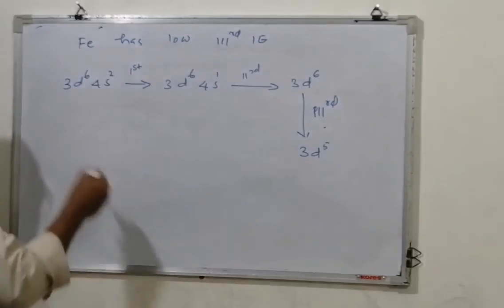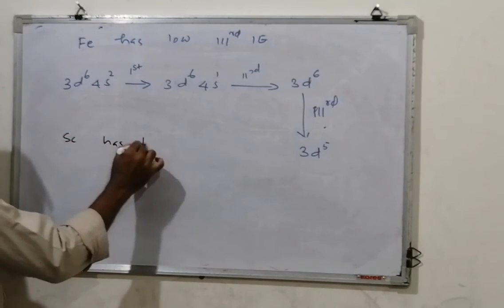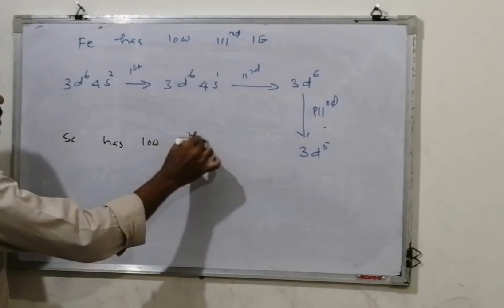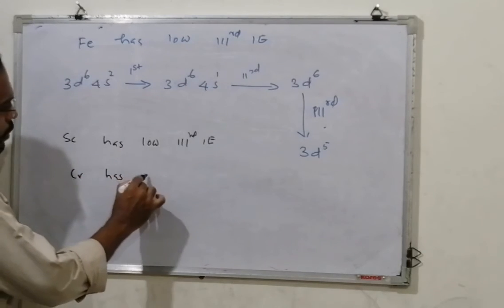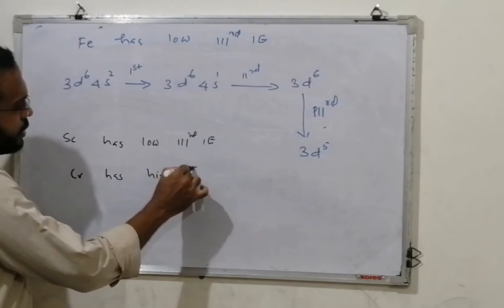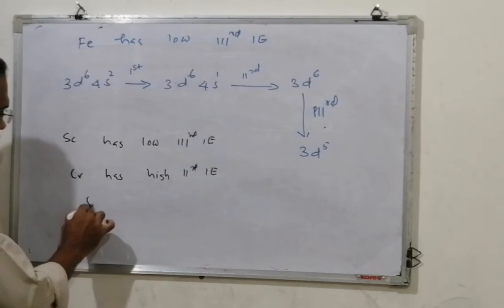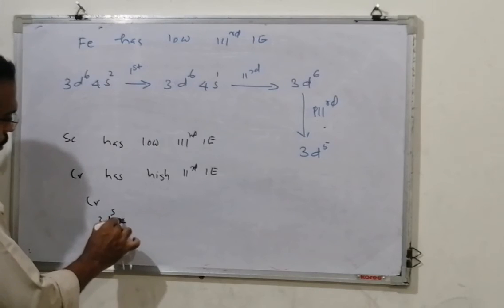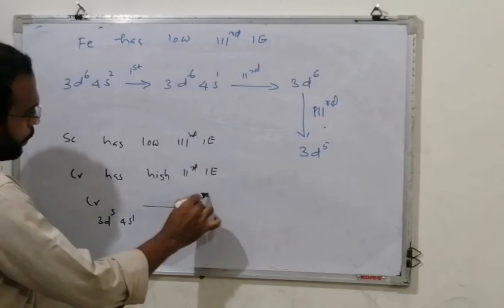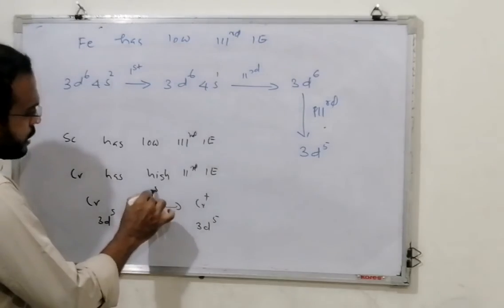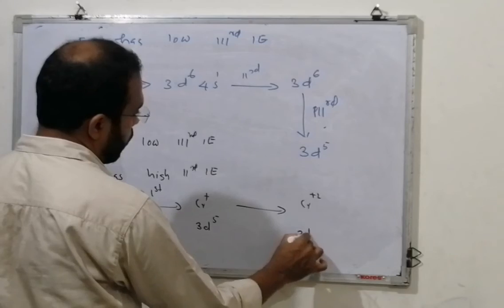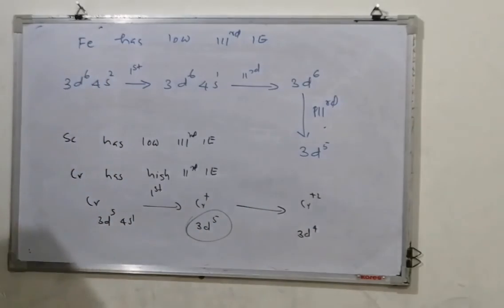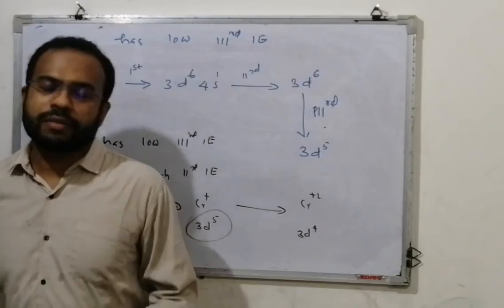Similarly, scandium also has low third ionization energy. Chromium has high second ionization energy. Chromium is 3d5 4s1. First ionization is low, but second ionization is very high because it gives 3d4; the second ionization happens from a half-filled configuration.